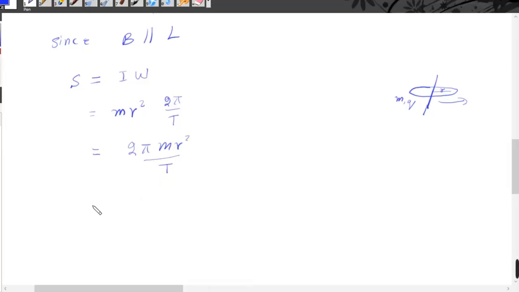So then the gyromagnetic ratio is μ divided by S. Mu divided by S is the gyromagnetic ratio.